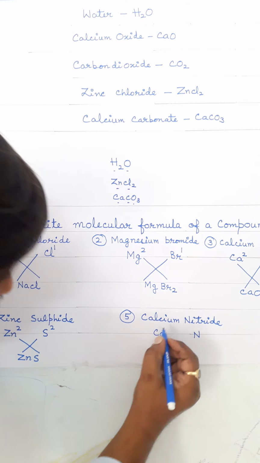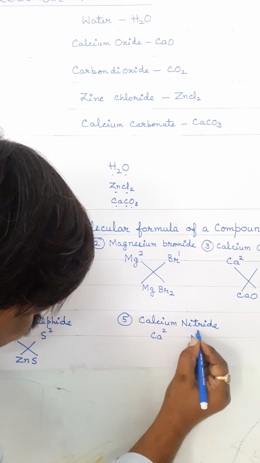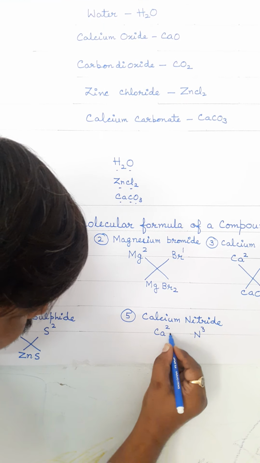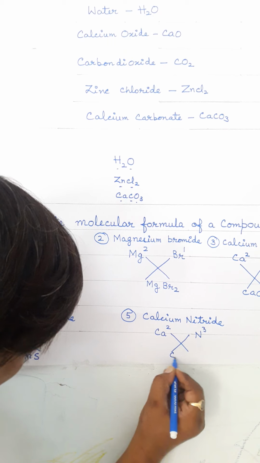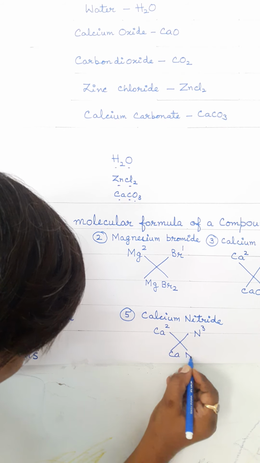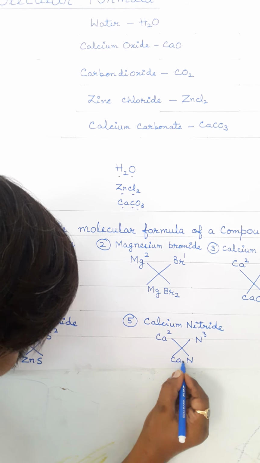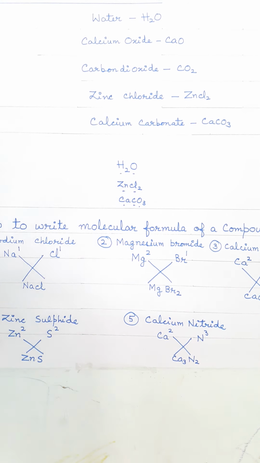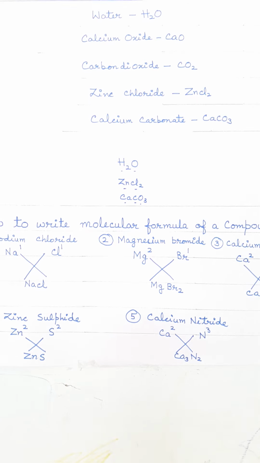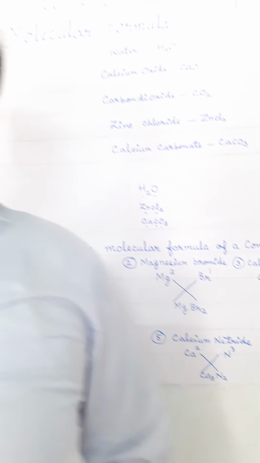Now calcium has got valency 2, nitride has got valency 3, and the third step is to cross multiply the valencies. So first we'll write both the symbols together, Ca and N. Now this 3 will come here below Ca and this 2 will come below N. So the formula will be Ca3N2. This is how we write the molecular formula.